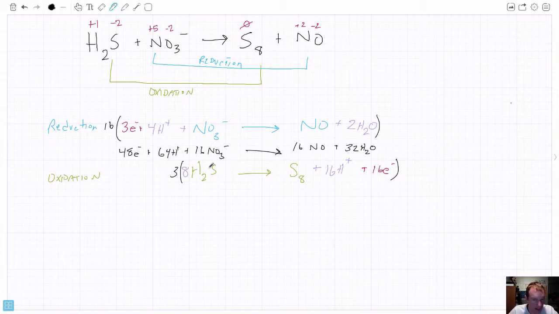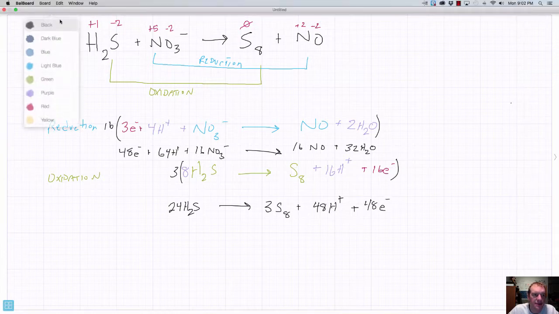For the oxidation half reaction, we can see 3 times 8, which is 24 H2S yields 3 times 1, 3 S8 plus 3 times 16, which is 48 H pluses, plus 3 times 16, which is 48 electrons.